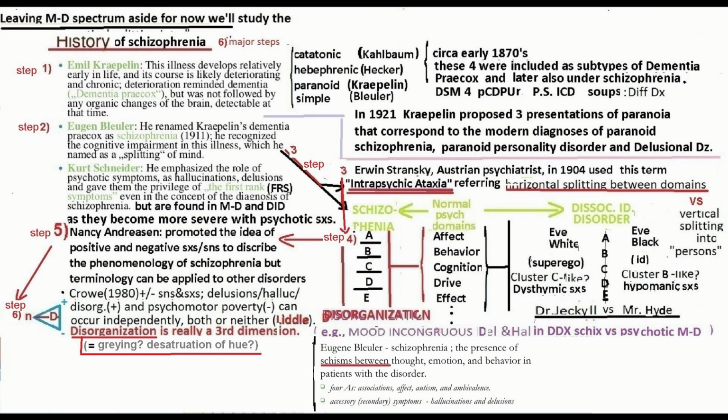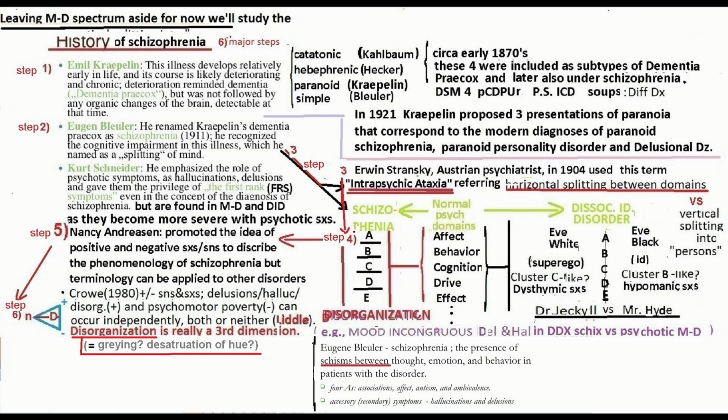And then, trying to come to a better description of schizophrenia, they came up with this idea of positive and negative symptoms. Positive symptoms are symptoms that are added on, and negative symptoms are normal behaviors that are lost. You get these also in mania and depression, but their terminology is already pretty much established.